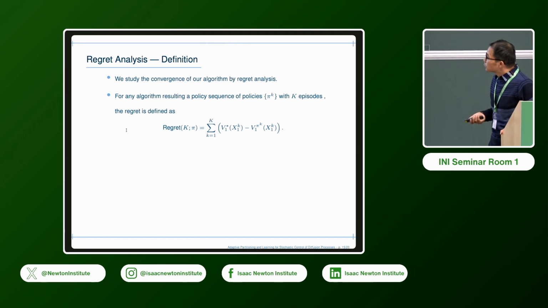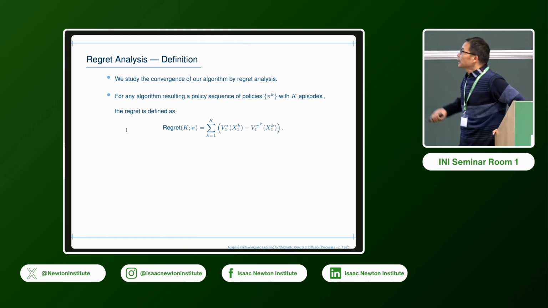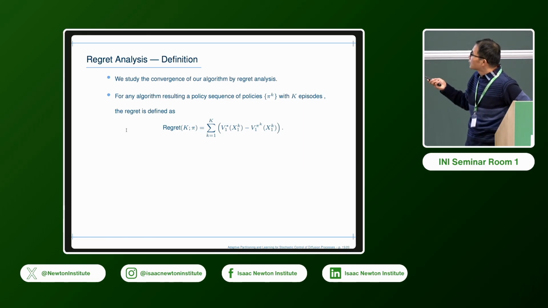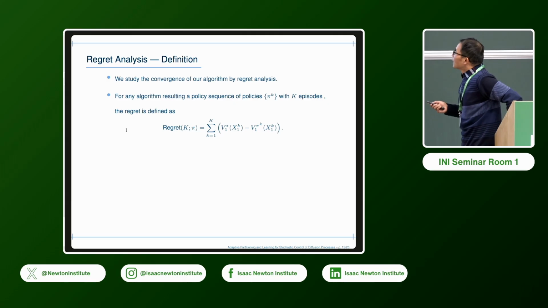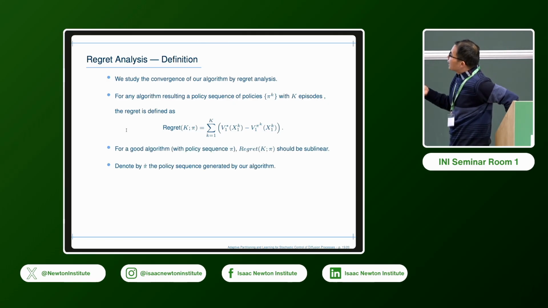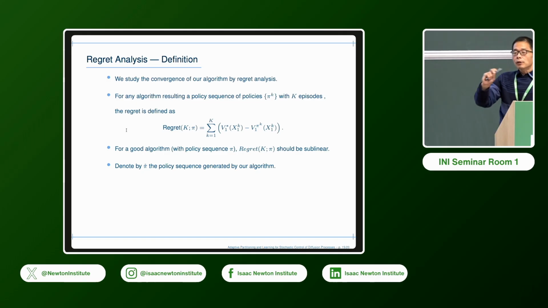I don't need to read all those steps, but the idea is there. And now we need to do the convergence analysis. We do it by the regret analysis. This notation was already introduced in the last talk, so I don't need to repeat it. We denote pi hat as the policy we obtained from our algorithm.